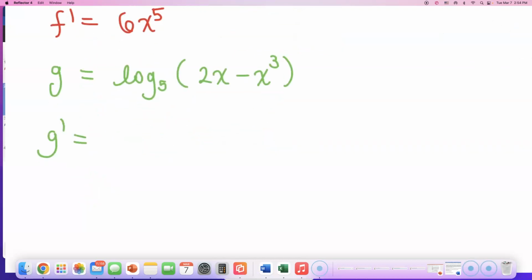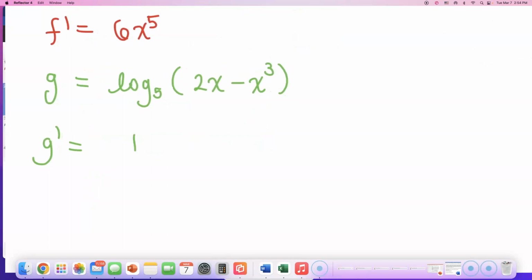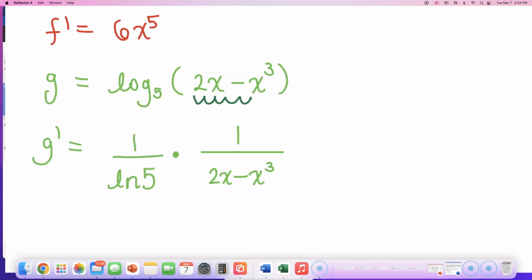What does it start with? I write 1 over natural log of that log base 5. We multiply this by 1 over the log argument of 2x minus x to the 3rd power. And lastly, we still need to multiply this by the derivative of that log argument.